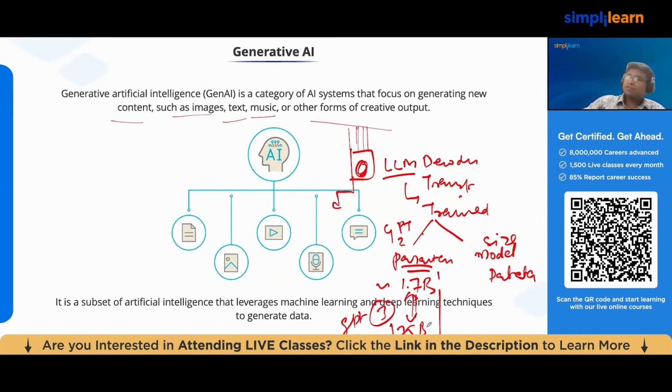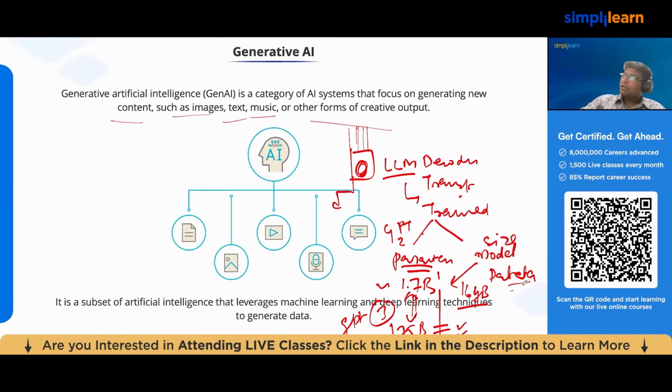Parameters are just the weights of any model. If a machine learning model has trained weights, these are called parameters. And if you have so many weights, the model size will also be large. The model size was 16 GB for ChatGPT 2, but here it is more than 16 GB.